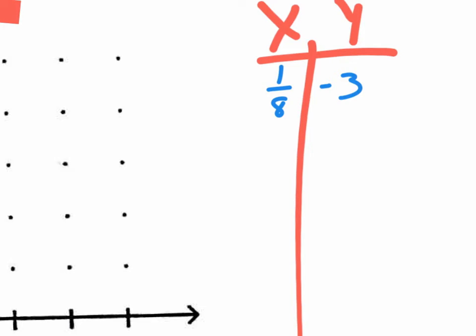Instead of -2 and 1/4, it's going to be 1/4 and -2. Instead of -1 and 1/2, it's going to be 1/2 and -1. And so on and so on.